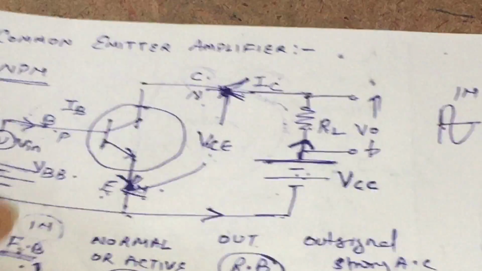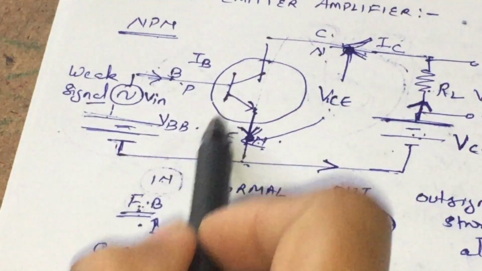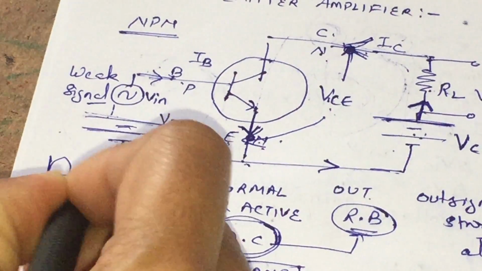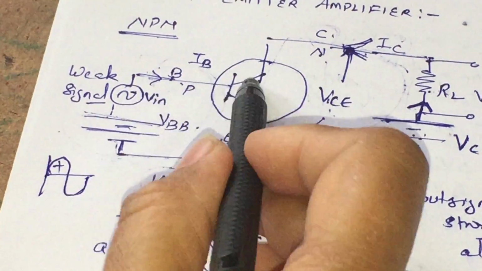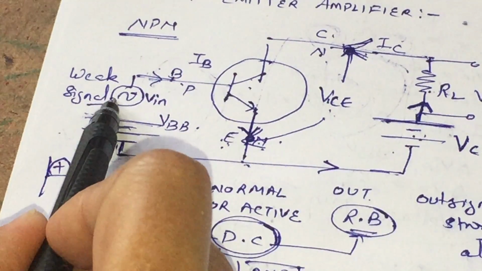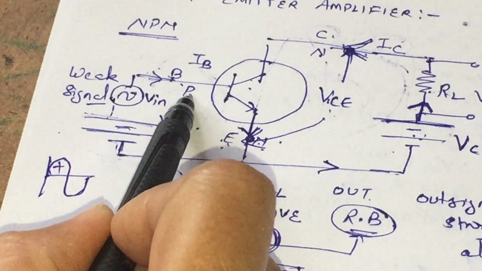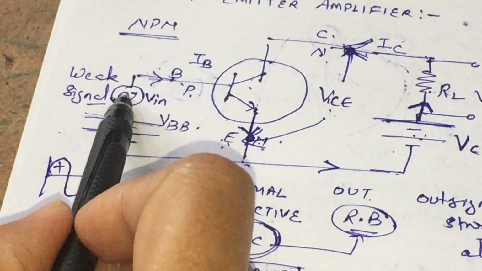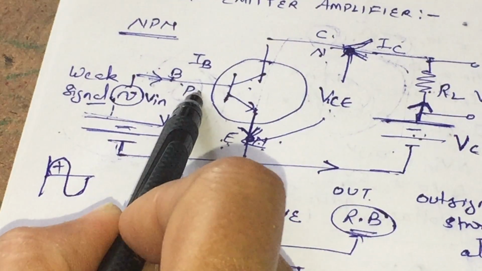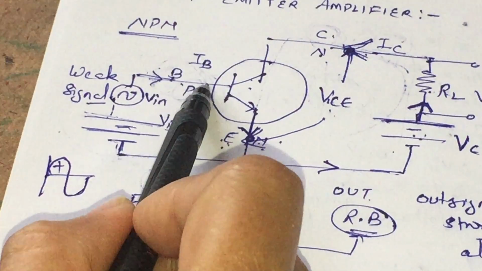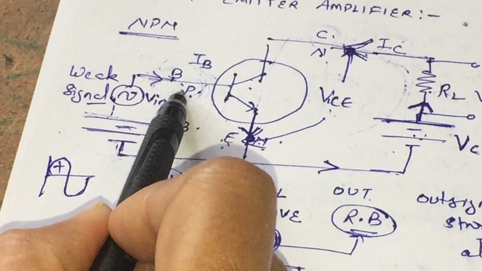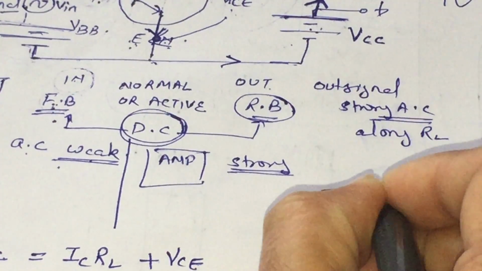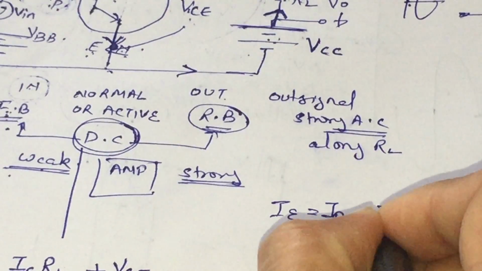Let us first consider that the positive half of the input signal is applied to the circuit. If the positive half is applied, the forward biasing is going to increase, and it will increase the input current. If the input current IB increases, indirectly we know that IE is equal to IB plus IC.